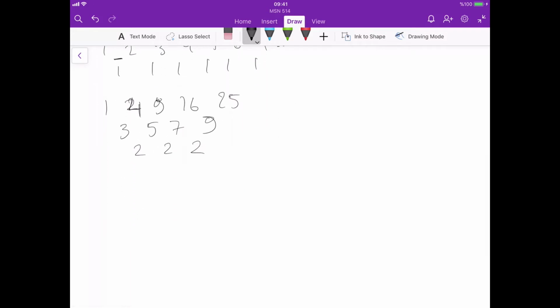What if you have 1, 2, 4, 8, 16, which is closely related to e to the x, right? It's e to the ln 2 times x, right? So what is the difference? 1, 2, 4, 8, 16.